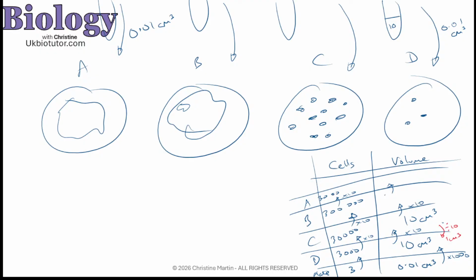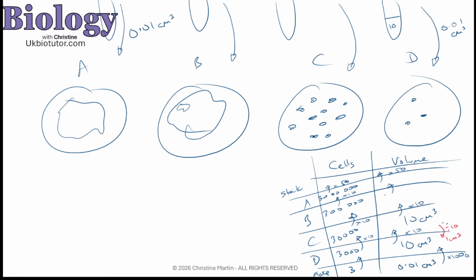And now to get up to my stock solution, I'm going to have to times it this time by 50. And so therefore I would times that number by 50 to work out how many were in the original stock solution.